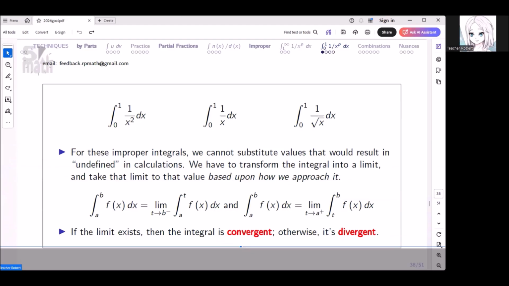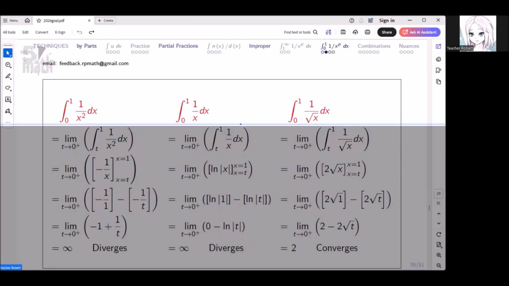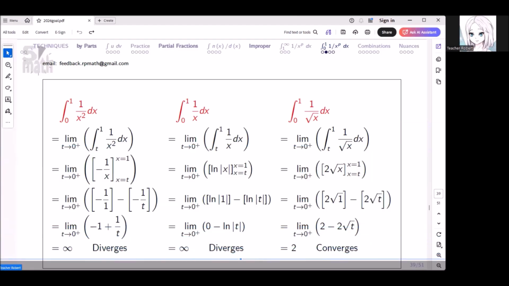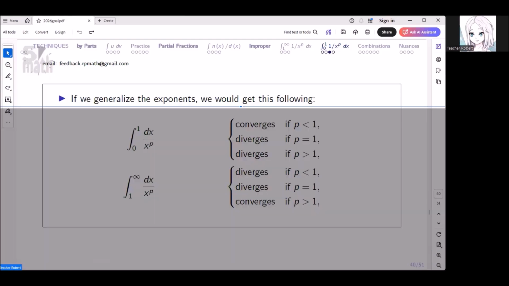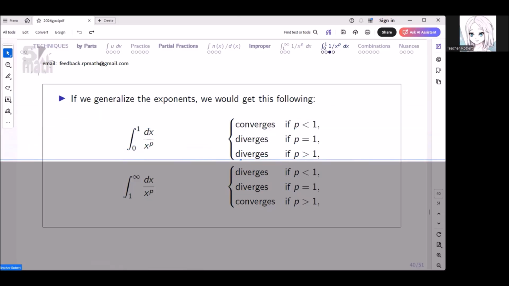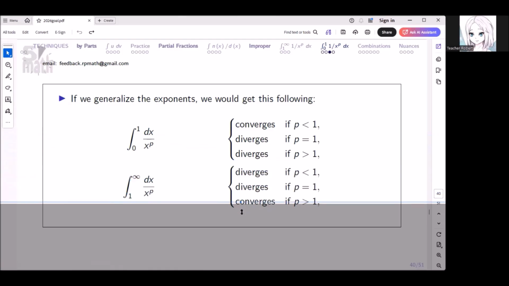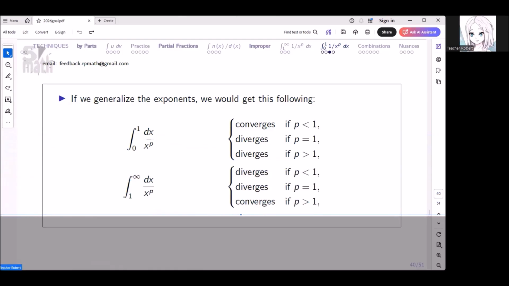Otherwise, it's divergent. Here are the integrals, and we should get the following. If we generalize the exponents, we would get the following. This and that.